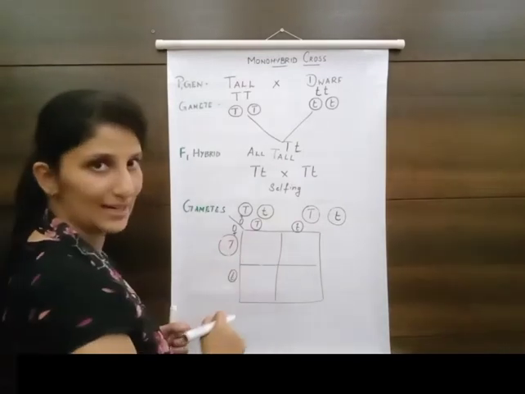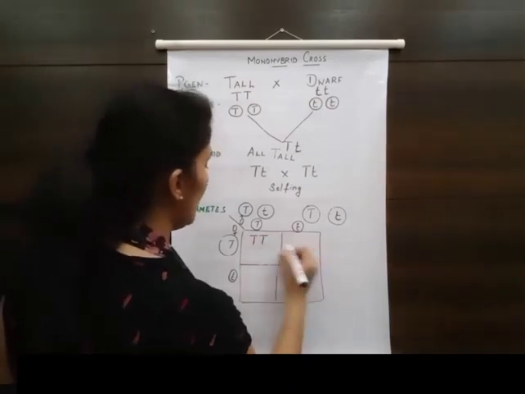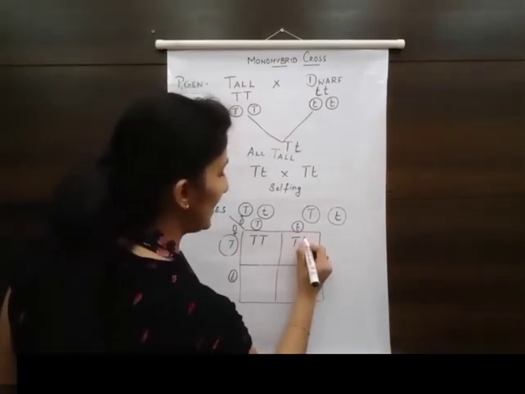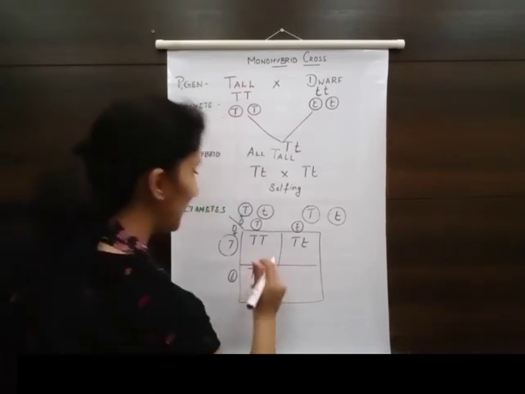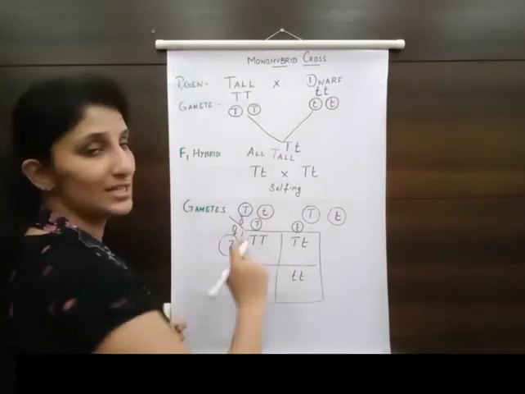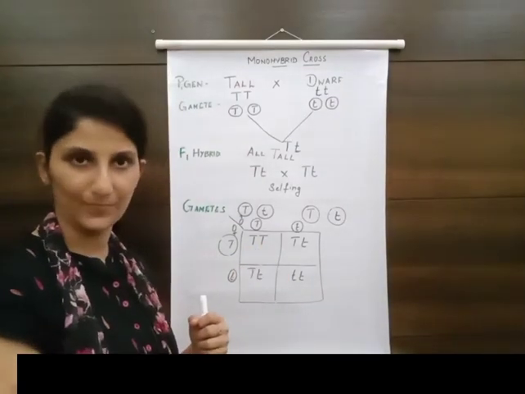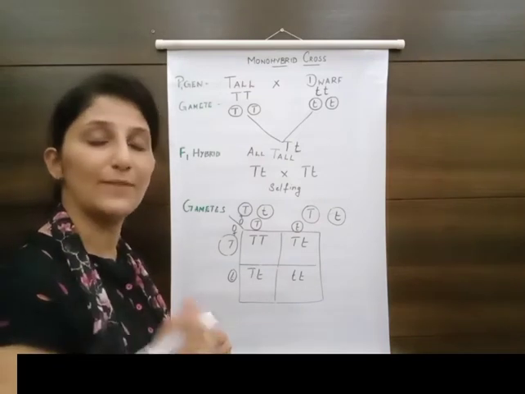So now let us conduct the process. Over here we get capital T, capital T. This cross we get capital T, small t. And this together we get again capital T, small t. And these two together we get small t, small t. So capital T capital T is a homozygous condition. And what will be expressed over here? The phenotype will surely be tall.